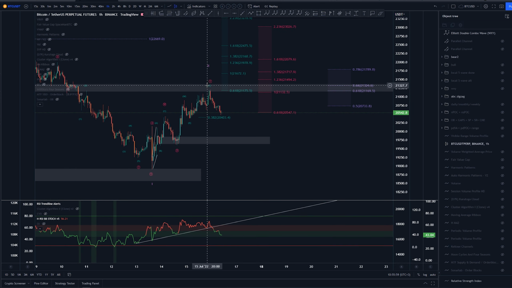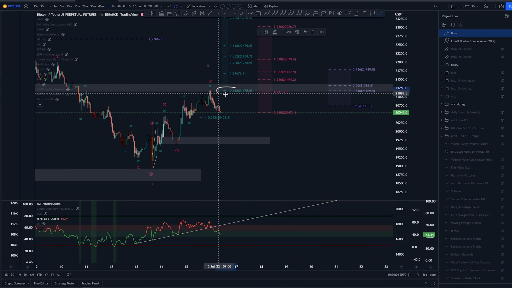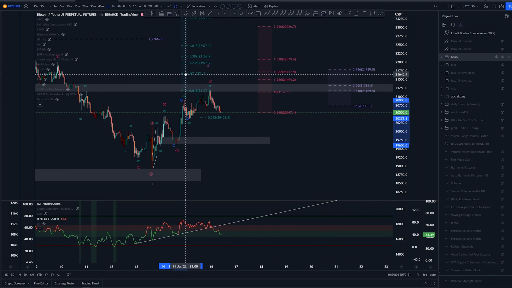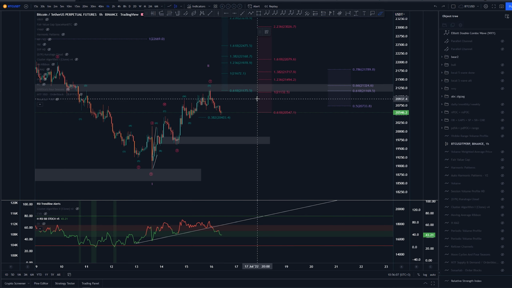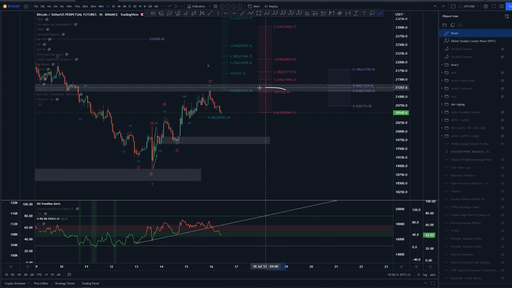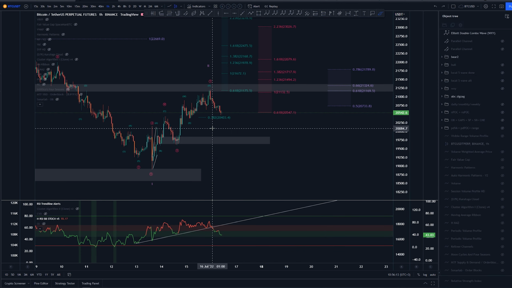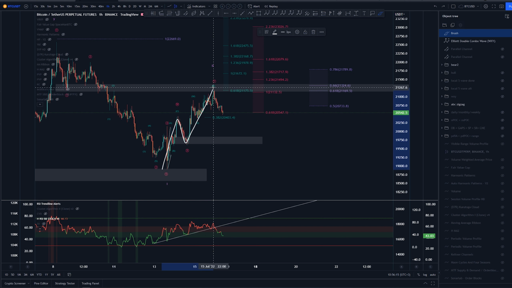What did we get here? To the wave Y, we did get to the extension of 0.618 of this lowest time frame sub-micro move, and we did get to the 1-to-1 extension of this WXY, saying that we are definitely looking for this to be finished here.